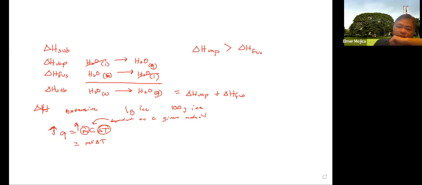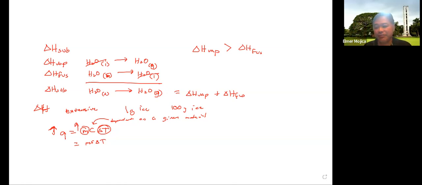Okay? So, yung specific heat na mini-mention natin dito, this is the amount of heat required to raise the temperature of 1 gram of a substance by 1 degree Celsius without phase change. Now, kapag mayroong phase change, anong gagawin natin? Papasok diyan kung ano man yung heat of process. So, kapag melting, heat of fusion.